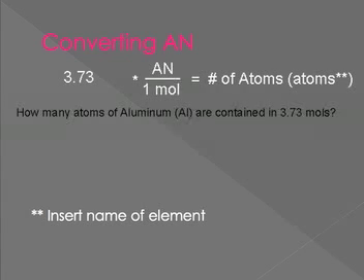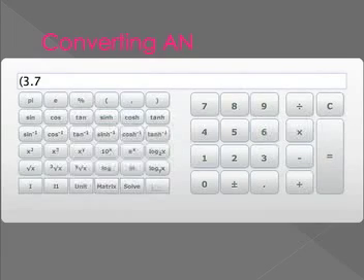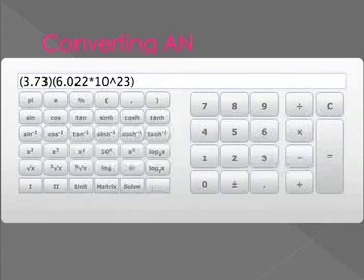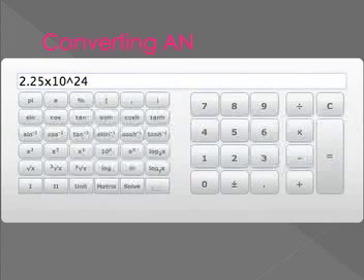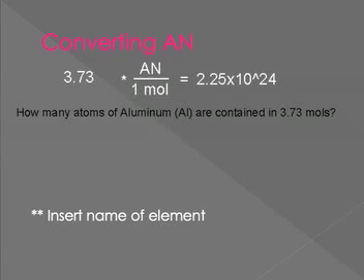Okay, so after we insert that 3.73 moles into our equation, and we do all that mathematical stuff, we're going to wind up with 2.25 times 10 to the 24th atoms aluminum. And there's your answer. So now we've taken the number of moles and we've found the number of atoms.